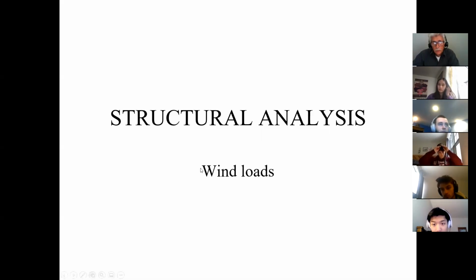Now, as far as the specified wind load, the big capital letter W signifies wind load, W for wind, of course. And this is the equation you find in the National Building Code.